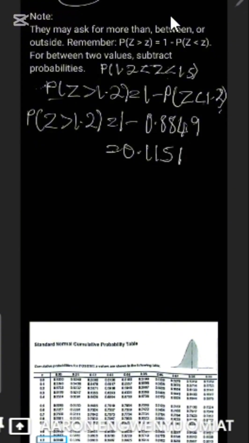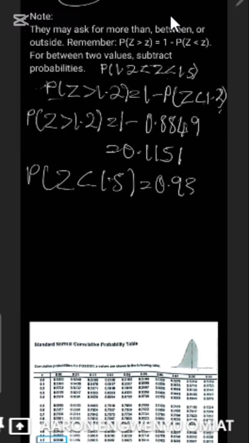And we know our probability of z less than 1.5 will be 0.9332 from the earlier example.